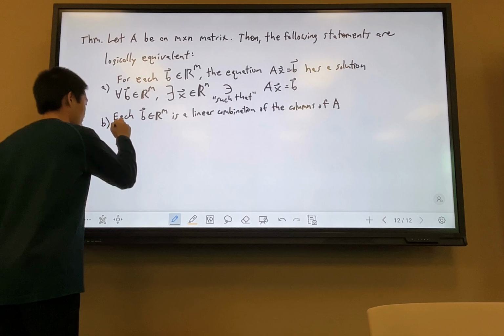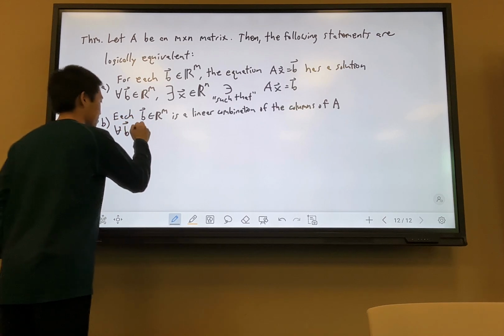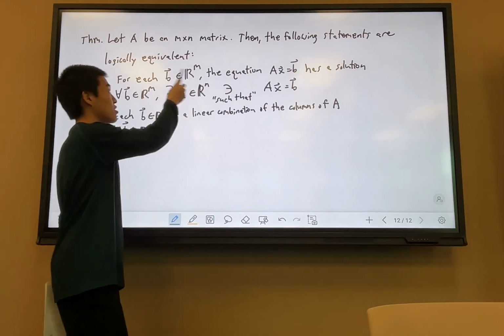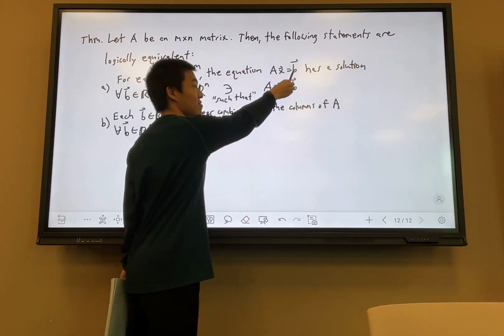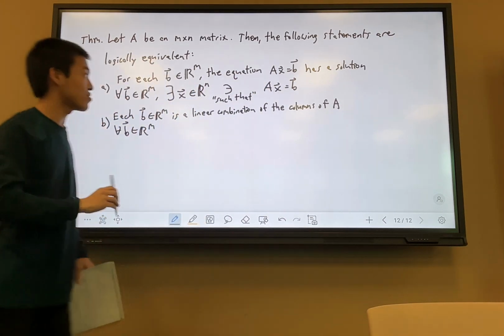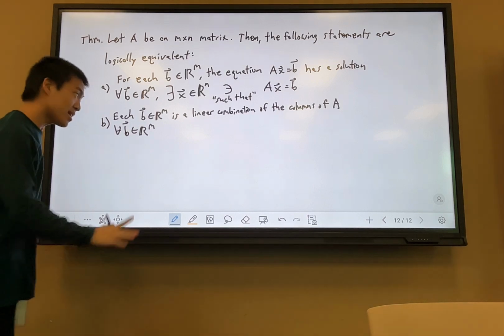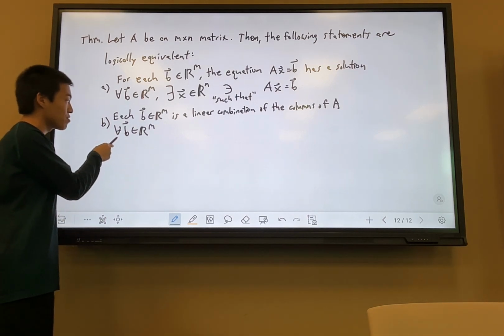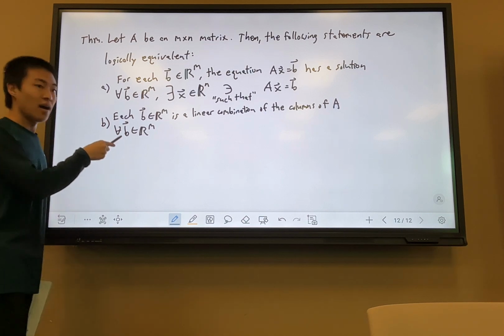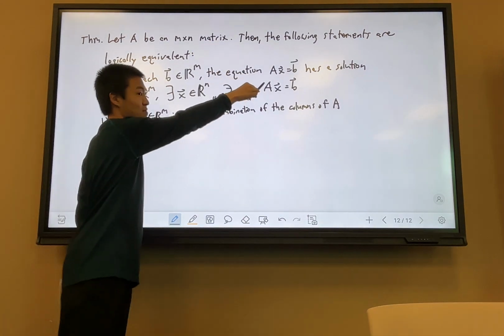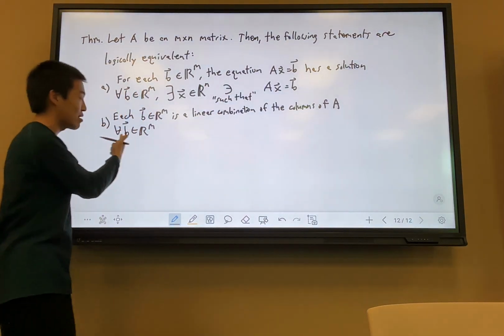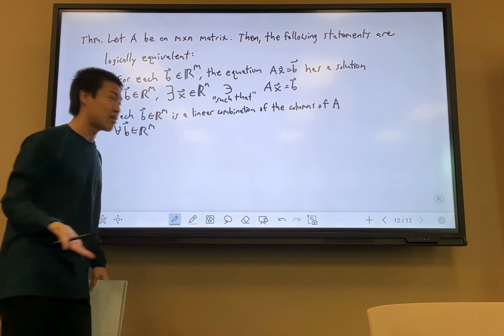Basically, this is saying that if it's true that no matter what I choose for b, I'm guaranteed to have a solution, then it's logically equivalent to say that, because I'm guaranteed to have a solution, I'm guaranteed to have precisely the weights I need to describe that b as a linear combination.